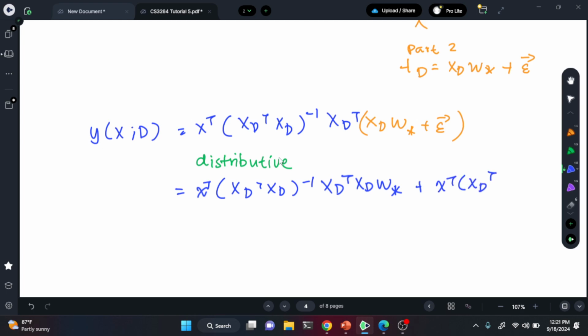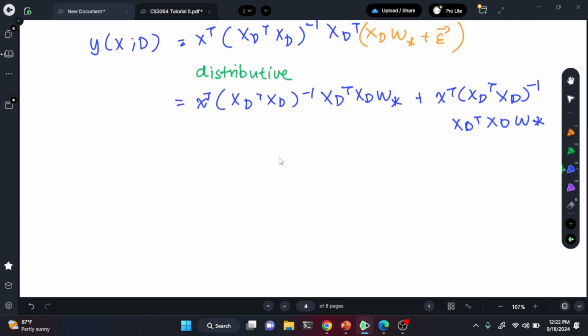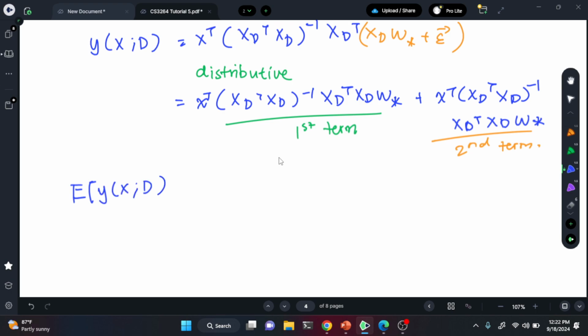When we take this expectation, you can already see where the pattern is coming from. Because we split them into two separate summations, we can use the linearity of expectation. Let's call this the first term and this part the second term, because my space is a bit small to write everything here. Now I take the expectation of y over PD.